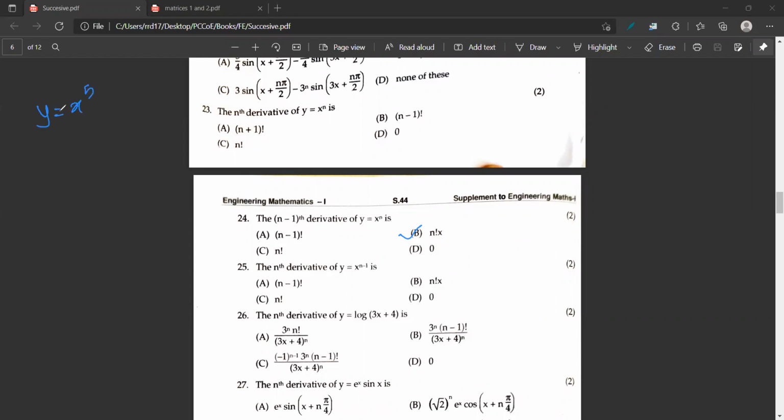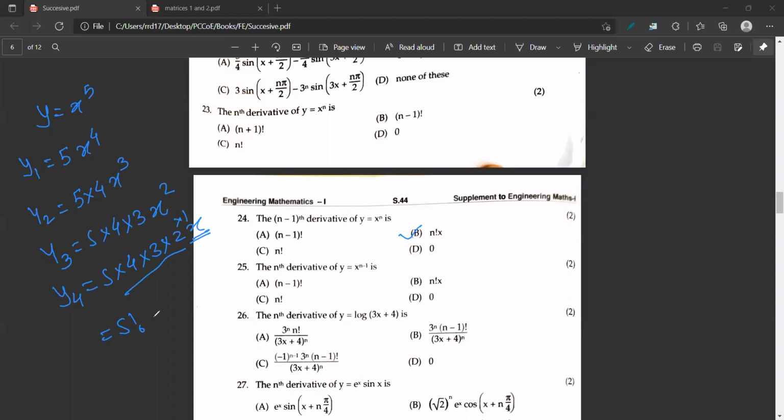Take x raised to 5 and find the fourth derivative of it. y1 is going to be 5x raised to 4. y2 is going to be 5 into 4x raised to 3. y3 is going to be 5, 4, 3 into x square. And y4 is going to be 5, 4, 3, 2 into x. We can add 1, so this is 5 factorial into x. So n factorial into x. Understood?